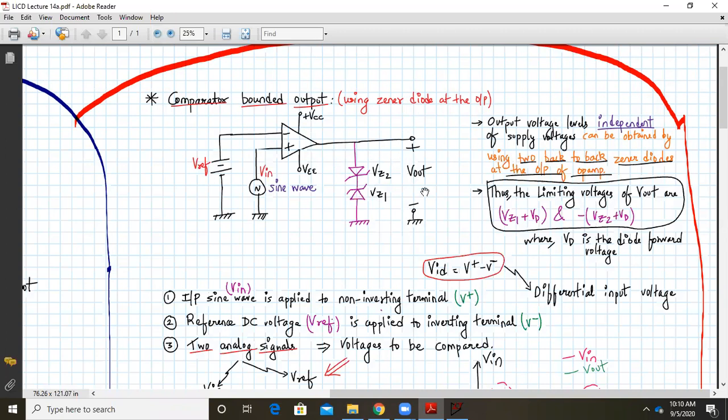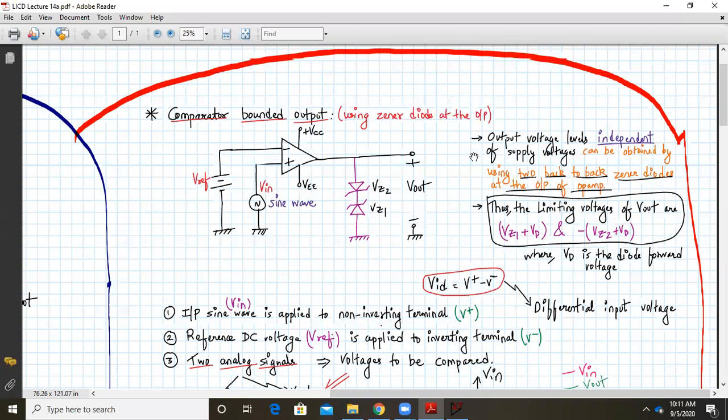In this circuit, my output voltage levels are independent of supply voltage, which can be achieved by connecting two Zener diodes back to back at the output. Thus the limiting voltages at the output are, on the positive side, VZ1 of this diode plus VD of the upper Zener diode.